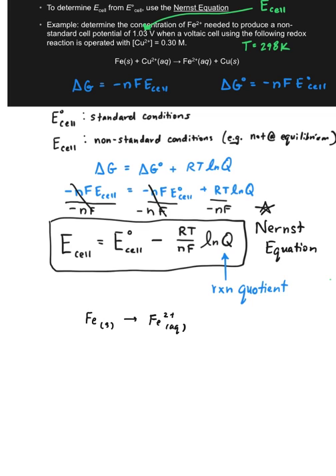Balancing this half reaction requires that we balance atoms first, which aren't already balanced, and then charges. We'll add 2 electrons to the right-hand side. This is therefore indicative of our oxidation half reaction because electrons are produced. Where does oxidation occur? An ox. Oxidation occurs at the anode.